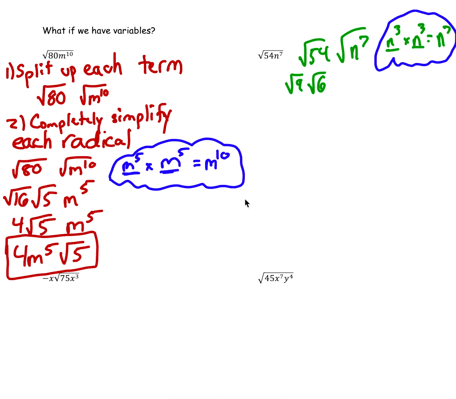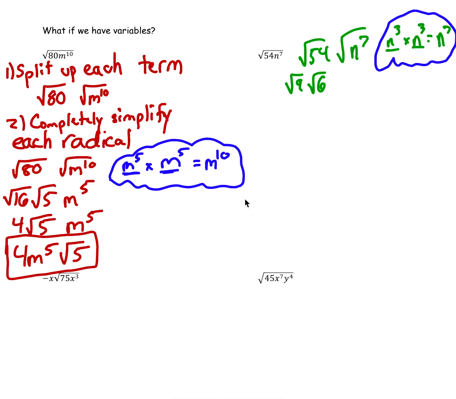How about n to the 4th times n to the 4th? That's not going to work, that's going to give me n to the 8th. I could do n to the 4th times n to the 3rd. That gives me n to the 7th, but these aren't the same values.